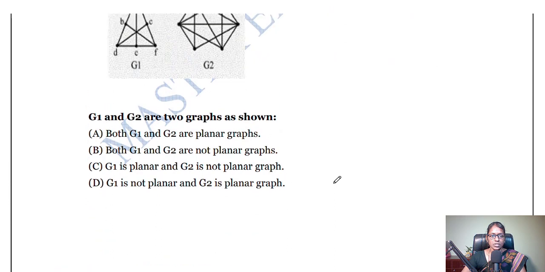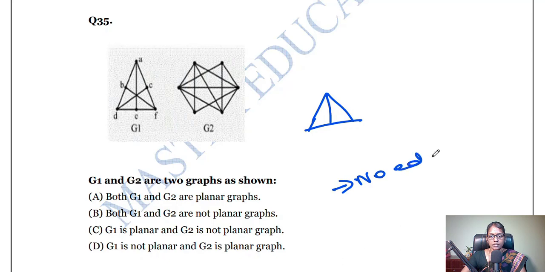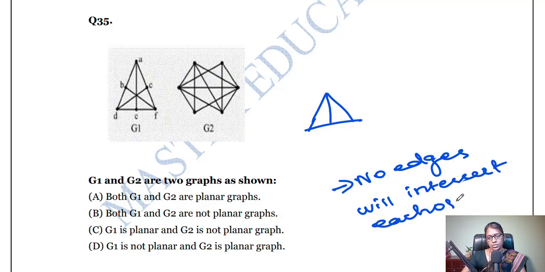The next question is, which one of these graphs is a planar graph? What is a planar graph? No edges will intersect each other, and that is called a planar graph.